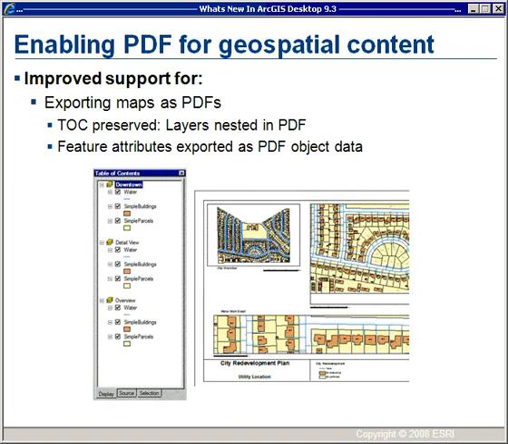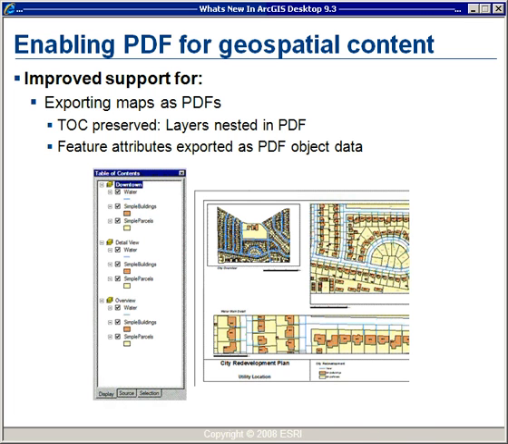Now, an area that I'm finding very useful for me when creating maps and wanting to share these maps with others is some improved support for exporting my map layout to PDFs. Now, remember, this has been around for a while, but with 9.3, we've improved how layers are nested in the PDF environment. In other words, how the table of contents with its data frames and layers within data frames are preserved in the PDF.